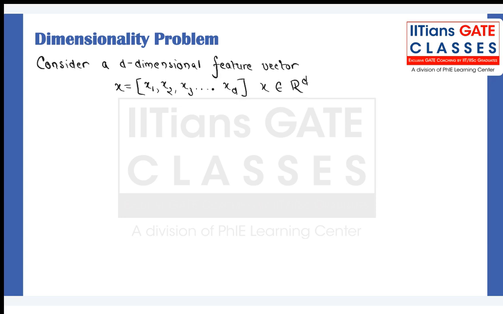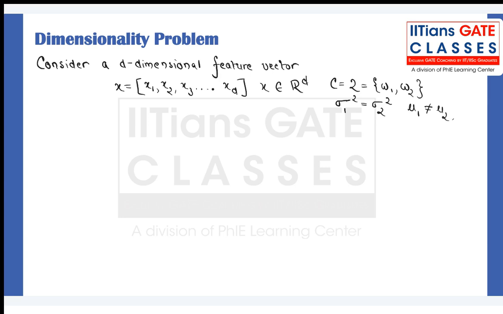Now assume there are two classes, so we are looking at a classification model, and one I call omega 1 and the other omega 2. Just for simplicity, let's say that the variance of class 1 and the variance of class 2 is the same, but their means may not be the same.